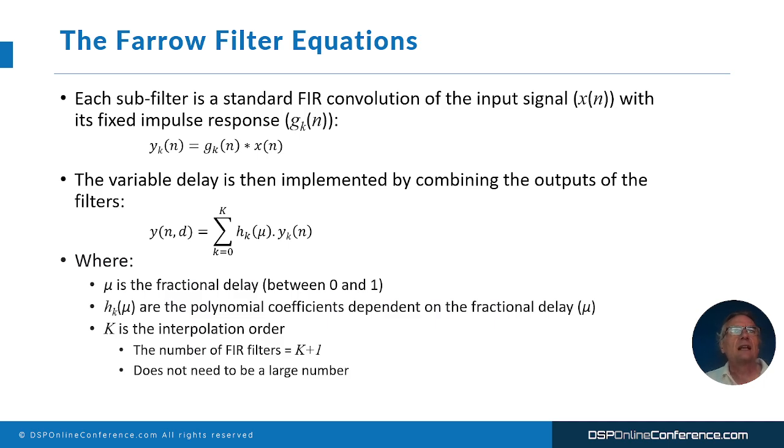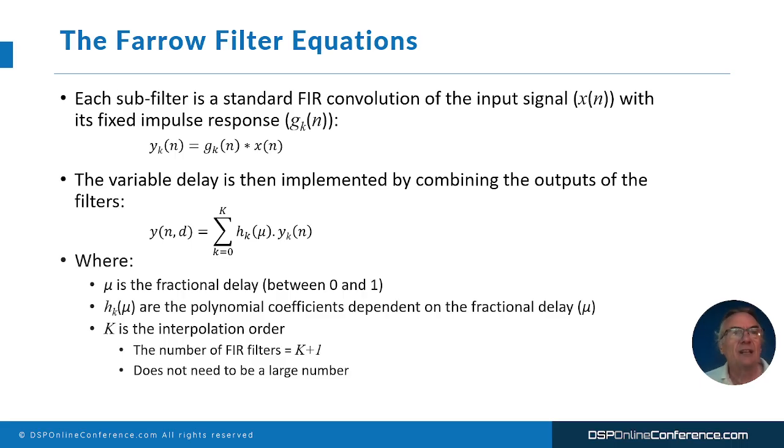The variable delay is then implemented by combining the outputs of the filters, shown here, where mu is the fractional delay, h_k of mu are the polynomial coefficients depending on the fractional delay, and k is the interpolation order.